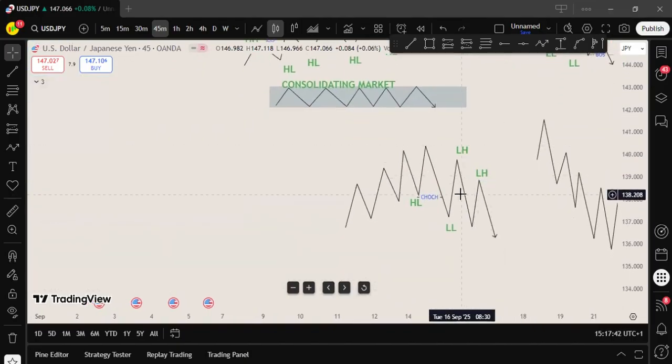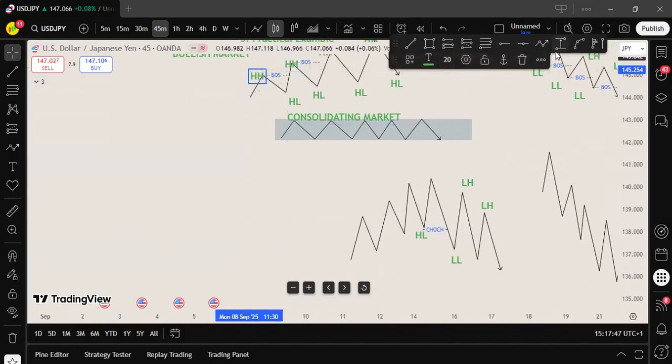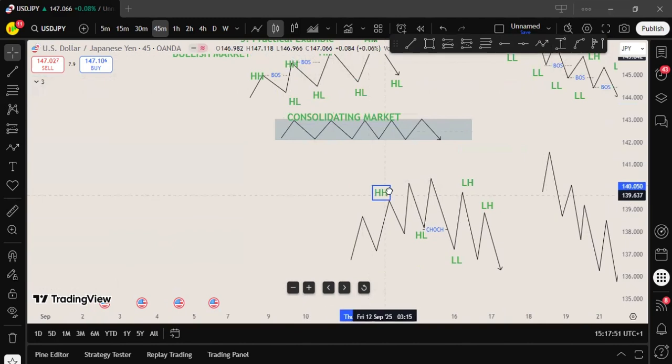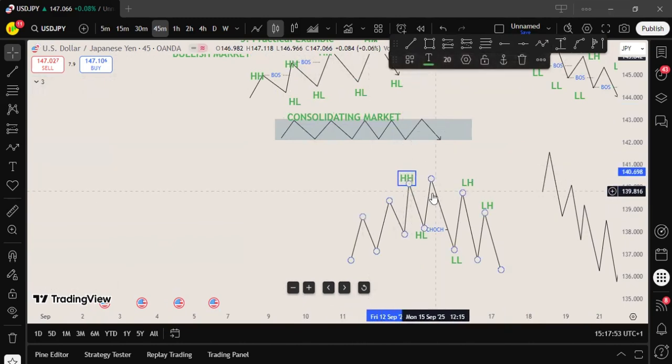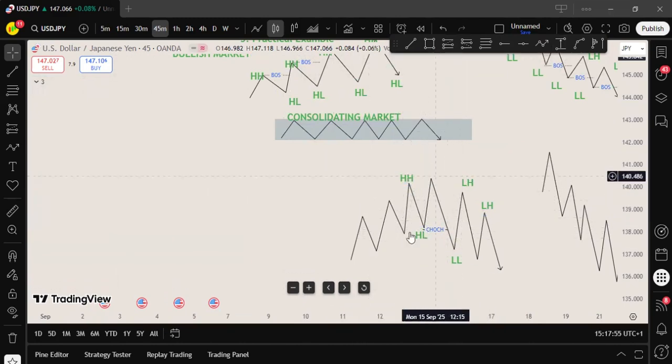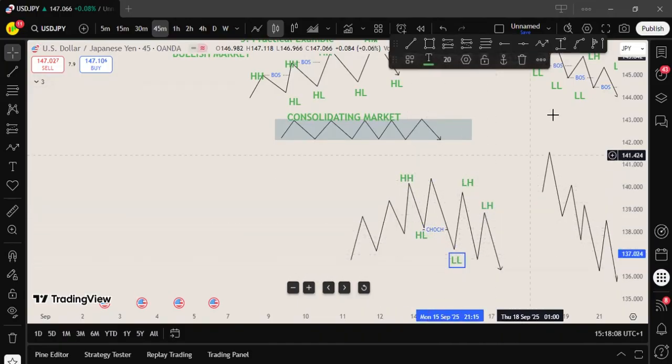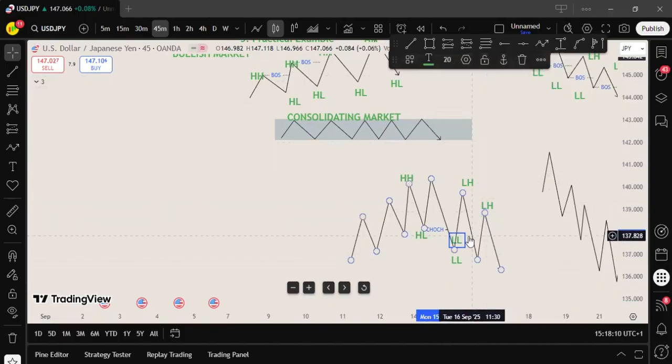Okay. Now, the market was in a bullish trend before. Then all of a sudden, the market broke a previous higher low. It means from a bullish trend, the market changed to a bearish trend, creating a series of lower highs, lower lows, lower highs, lower lows.